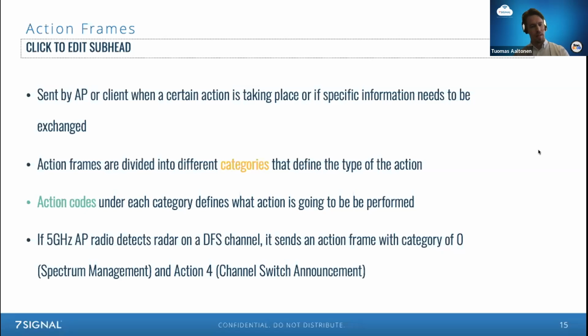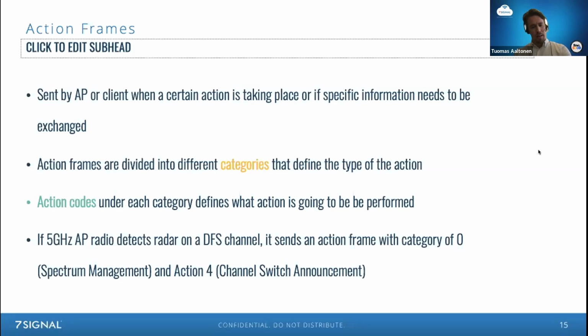So these frames are either sent by the client or by the access points if some kind of action is taking place. And these frames are divided into different categories. I marked them here with this amber color.